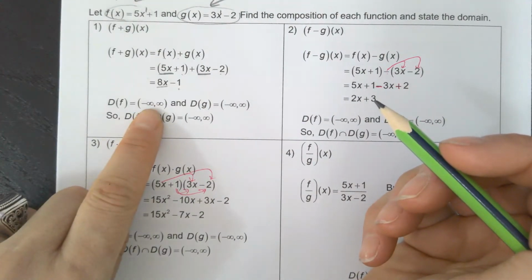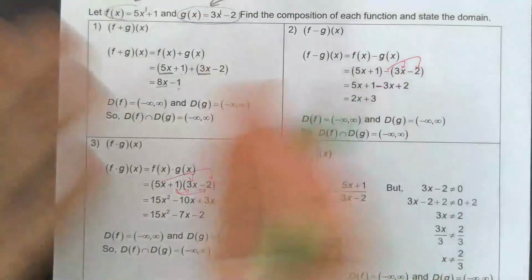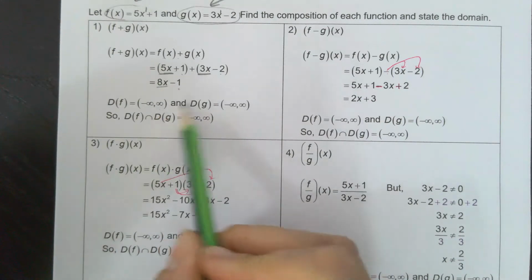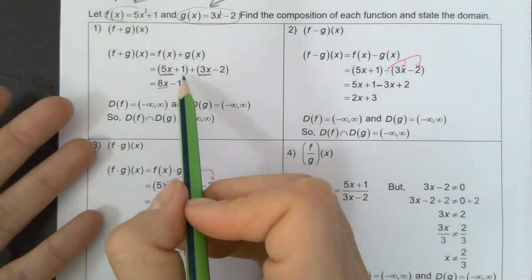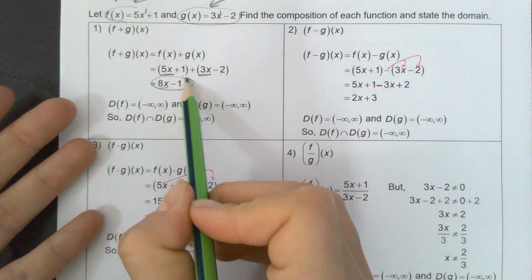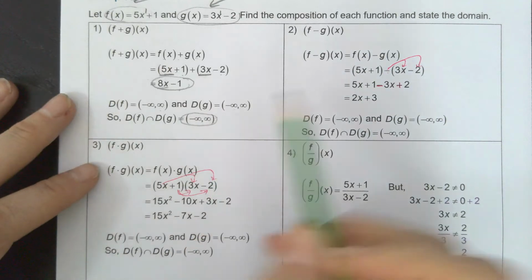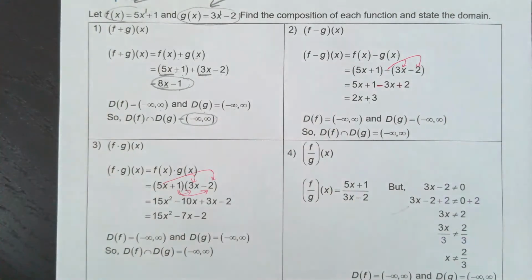That's the domain of F, that's the domain of G. If I want to find the intersection of those two, I ask, what do they have in common, or what do they share? Well, they share everything. And so the domain of this new function that I've created has this domain. And I do that for all three of these, for add, subtract, and multiply.